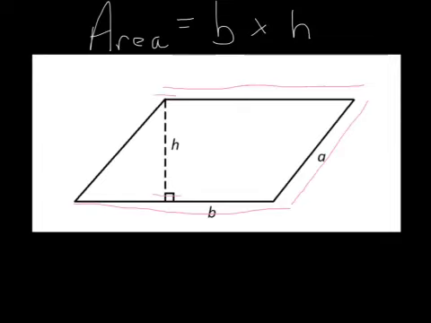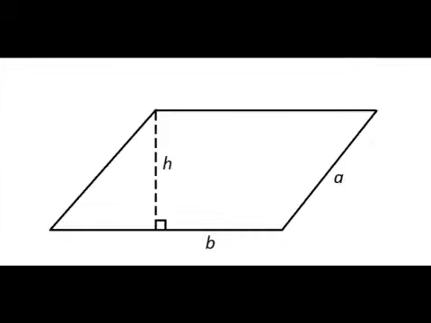Now the reason I want to talk to you about this is that there's a common misconception that we need to clear up. The common misconception is that we can find the area of a parallelogram, which I'm going to call AP, by doing the same thing as finding the area of a square. I'm going to show you why it has to be base times height.